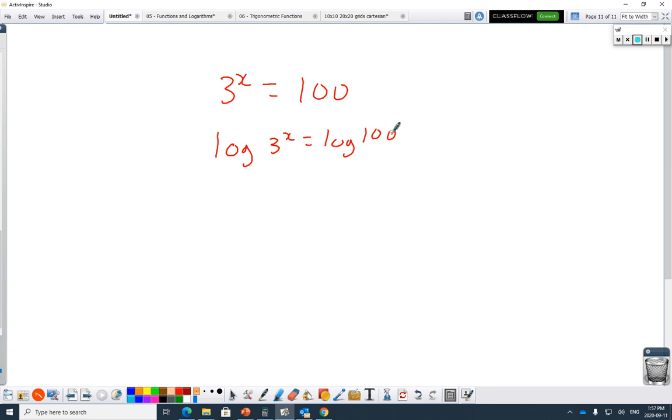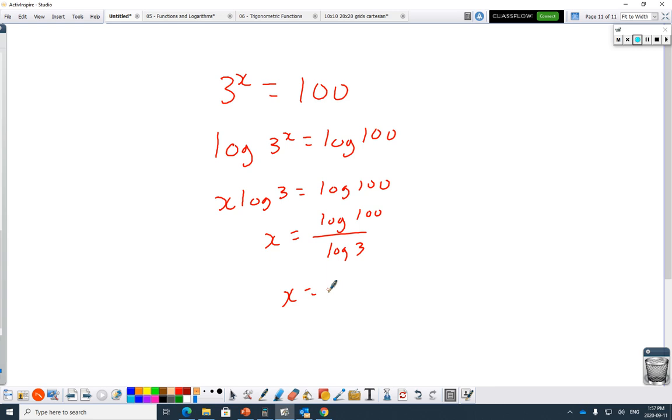And in this case, that is great stuff, because now it's a multiplier, and I can divide by log 3, and now my calculator can punch out the answer.